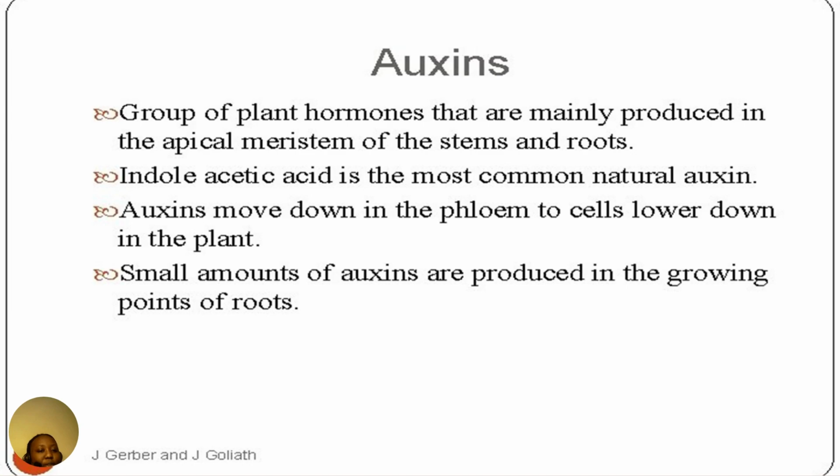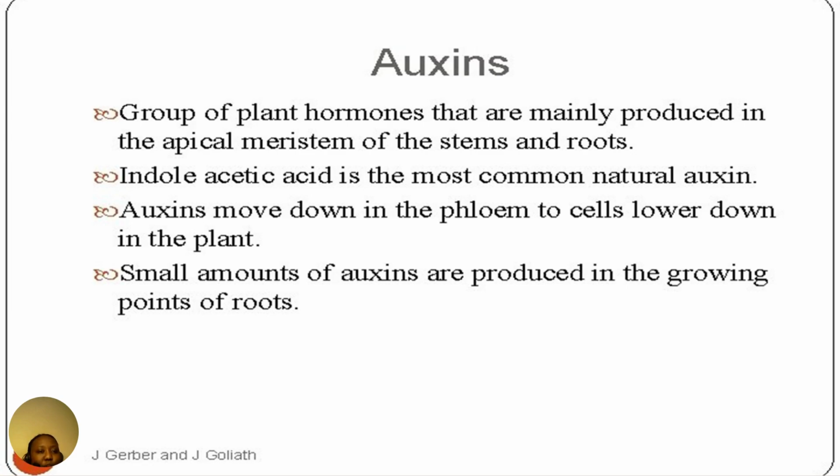Because if a large amount of auxins are produced in the growing points of roots, that will inhibit the growth of the plant or the growth of the roots. So we don't need too many auxins being produced. We just need the right amount. Always be careful, because I've seen exam questions where they ask, what is happening?